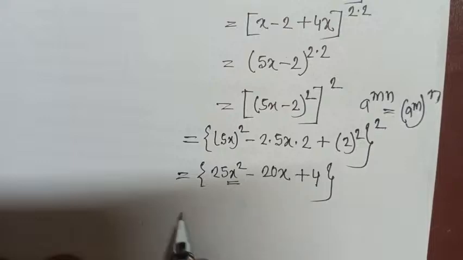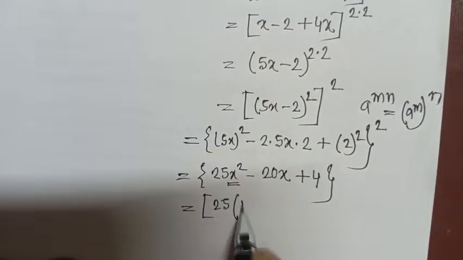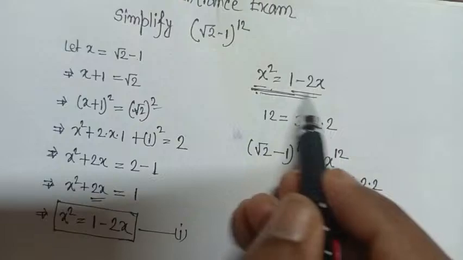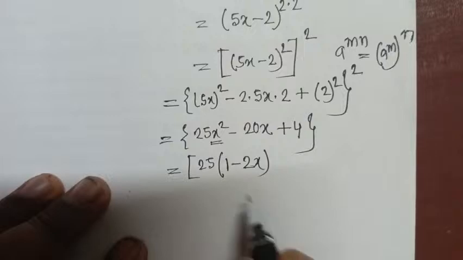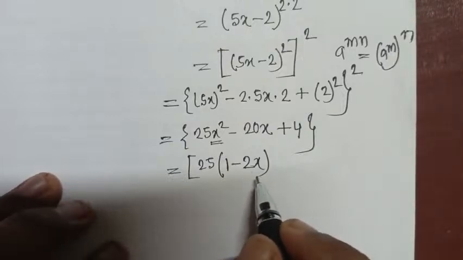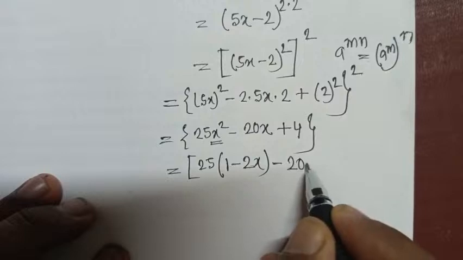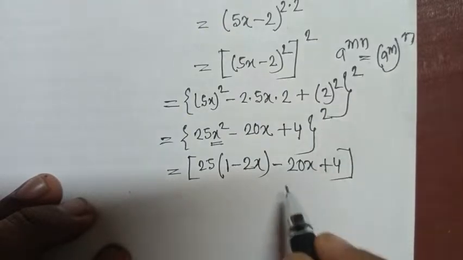Now we know that x square means 1 minus 2x. As we know here, x square is equal to 1 minus 2x, so we are putting the same value again here. Now we got minus 20x plus 4. We have missed that square.